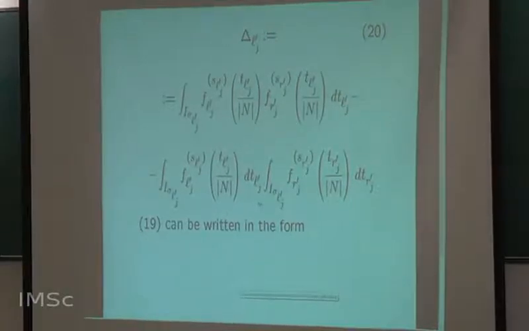That will be the difference of the double integral with respect to the single integral, which is, roughly speaking, replacing the double integral by a double integral with a delta kernel.